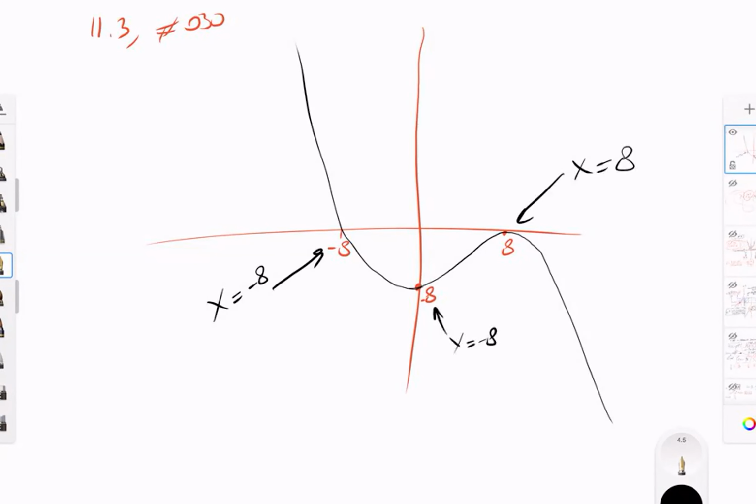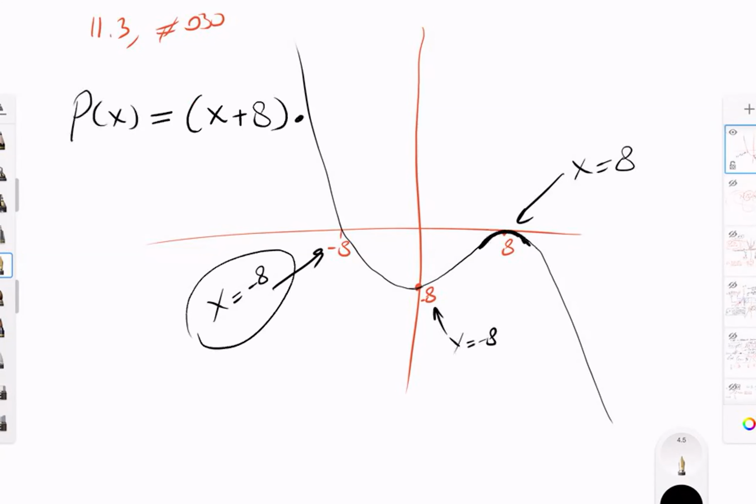All right. So we are looking for p of x equal to x plus 8 multiplied by x minus 8 squared, since this has a multiplicity of 2. When you see the graph, you should know this is a polynomial of degree 3. It looks like a chair: 1 point is here and 2 points are there.